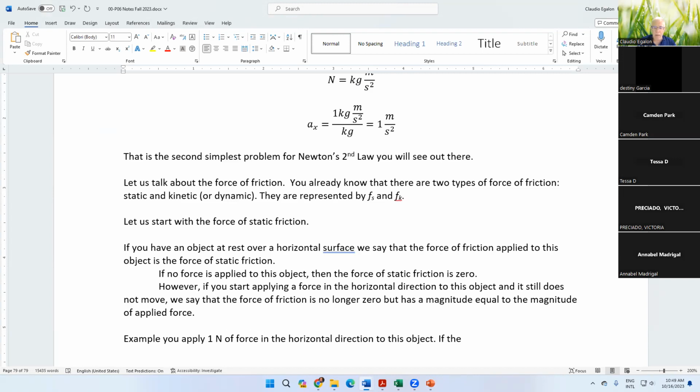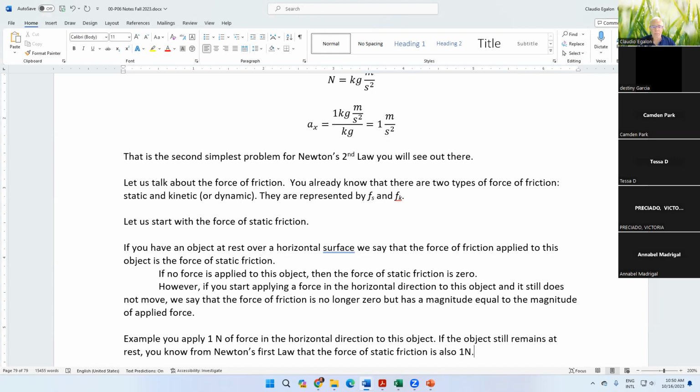If the object still remains at rest, you know from Newton's first law that the force of static friction is also 1 Newton, right?